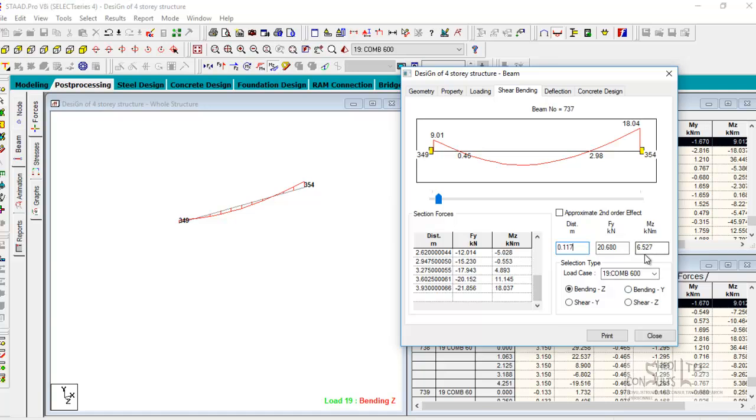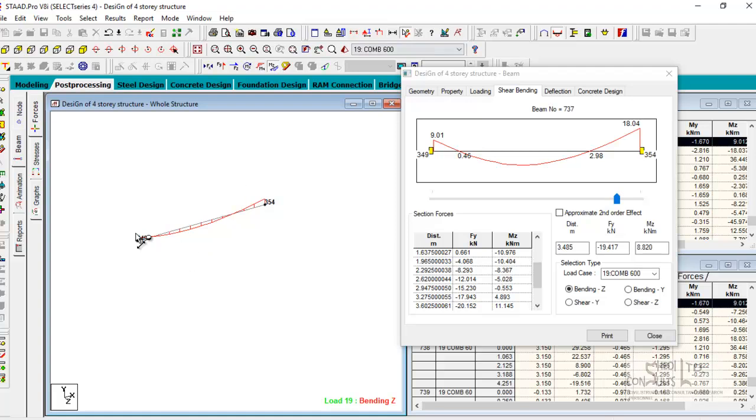To 3.185. So the span of this beam we call is 3.9.